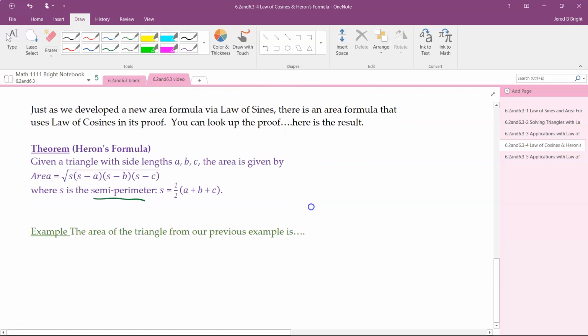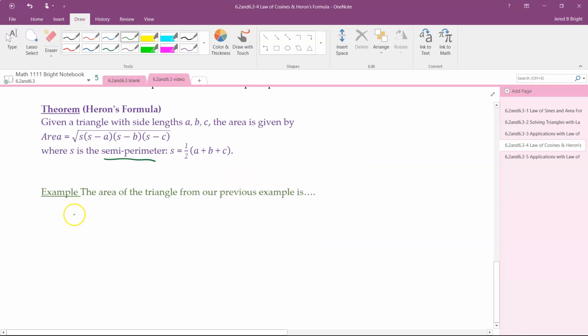So if we were to use our previous triangle, again, the side lengths were 28, 19, and then 25.1, then the semi-perimeter, you add them up and divide by 2, and so then we get 36.05.